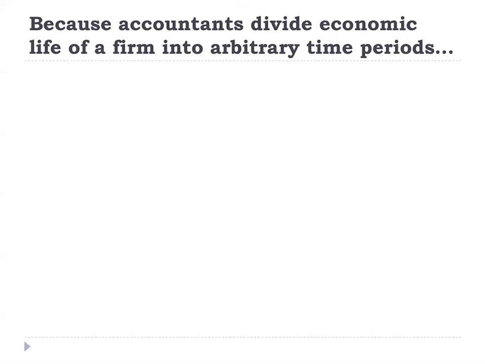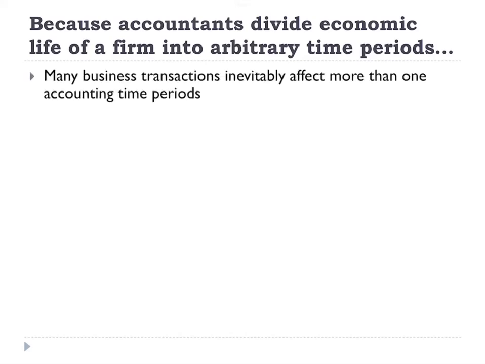Because accountants divide the economic life of the firm into arbitrary time periods, many of the business transactions that happen during the whole economic life of the firm are inevitably going to affect more than one accounting time period.